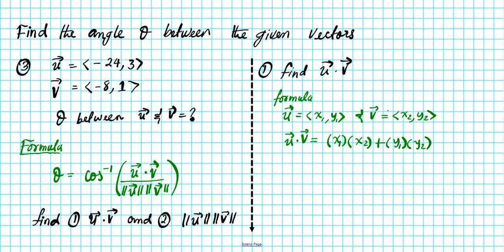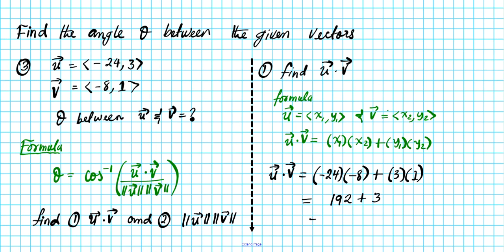Alrighty, so let's go ahead and use that to find what u dot v is. So u dotted with v is going to be the product of the x components of the vectors, the horizontal component, negative 24 times negative 8, added to the product of the y components of the vectors, 3 times 1. Okay, if we work that out, negative 24 times negative 8 is positive 192, plus 3 times 1 is 3.